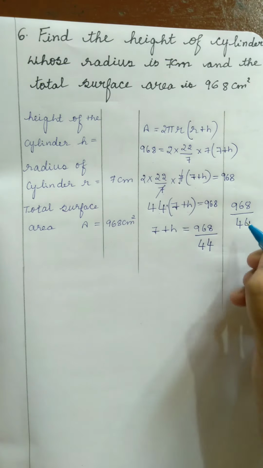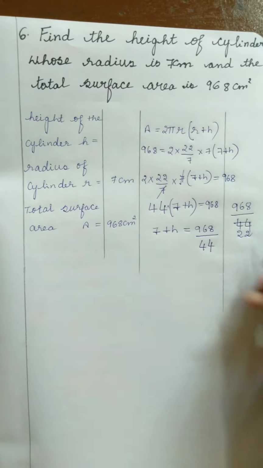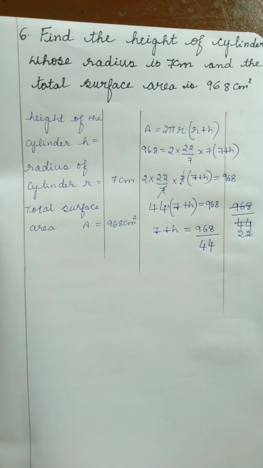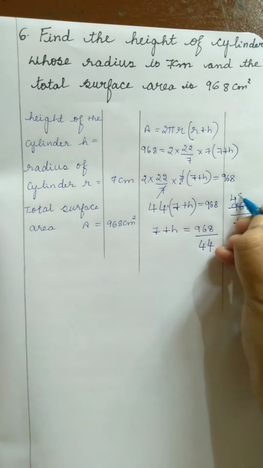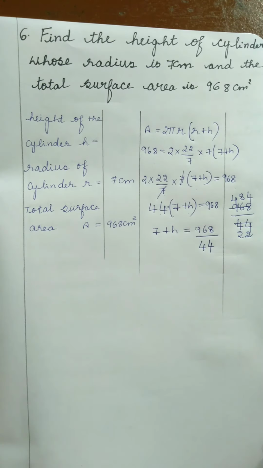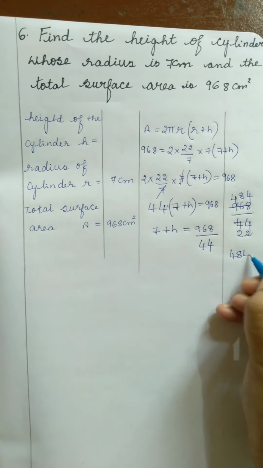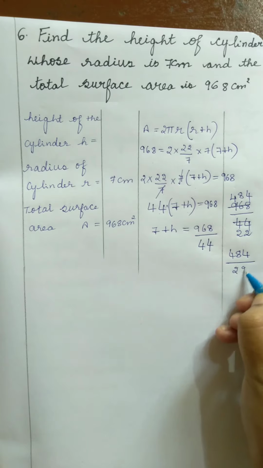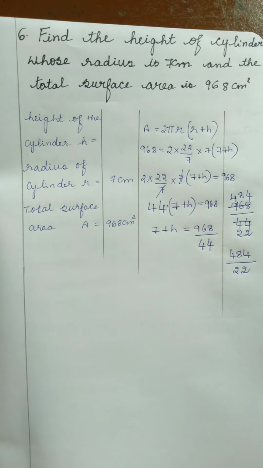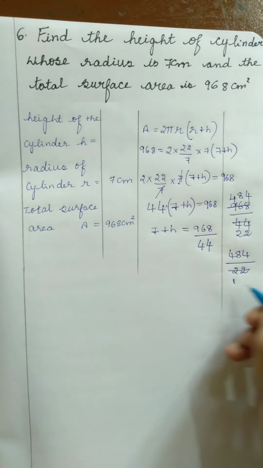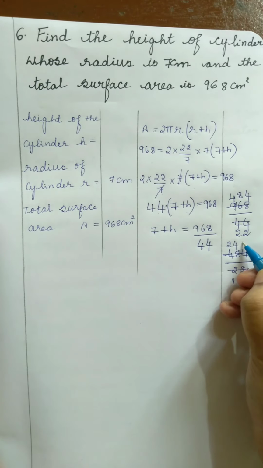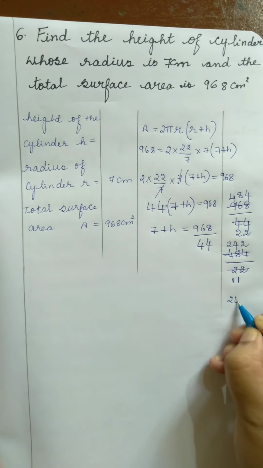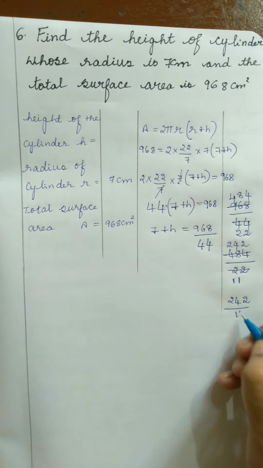It goes by 2: 2 2s are 4, 2 2s are 4, we have 484 divided by 22. Again it goes by 2: we have 242 divided by 11.